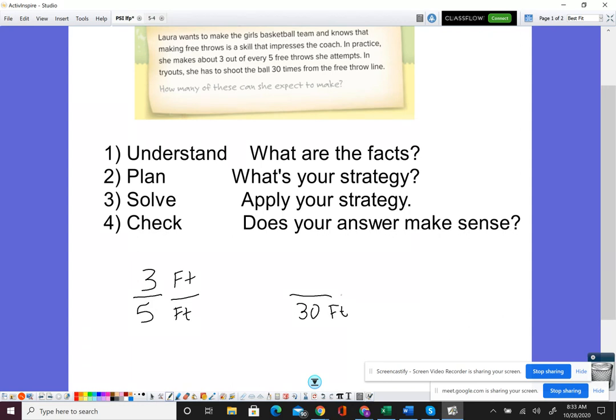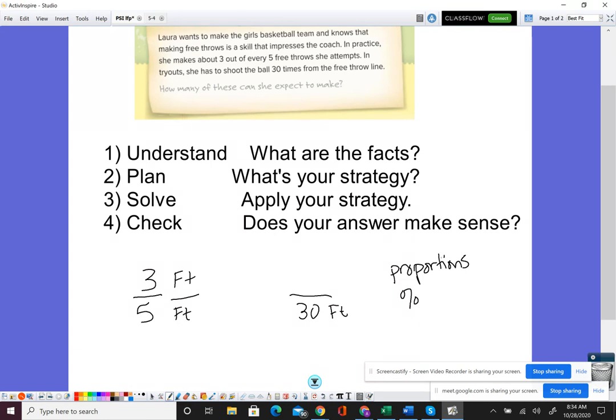Now, the way I put this information down there, someone might say, hey, what's a strategy that we could do this with? We could do this with proportions. We could do this with percentages. Is there any other way that we could do this?